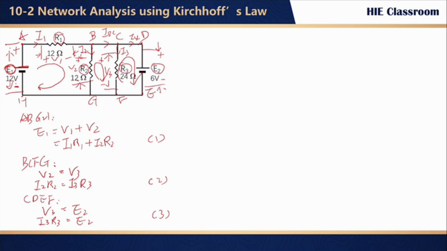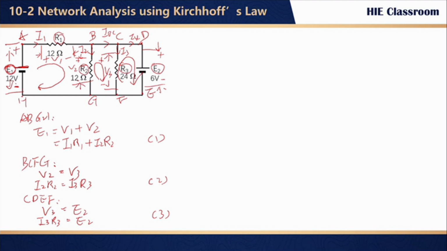Now let's switch to the current law. It says all currents flowing into a node equal the currents flowing out. Here, node B is our star because it's super busy. I1 flows in and I2 plus IBC flow out.